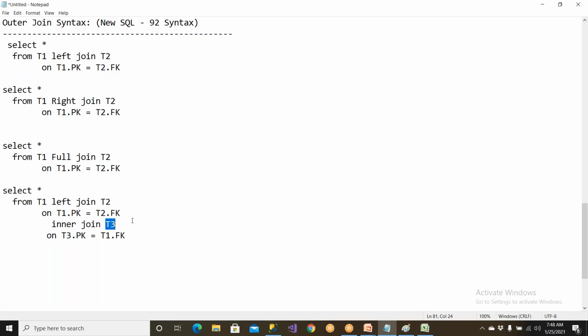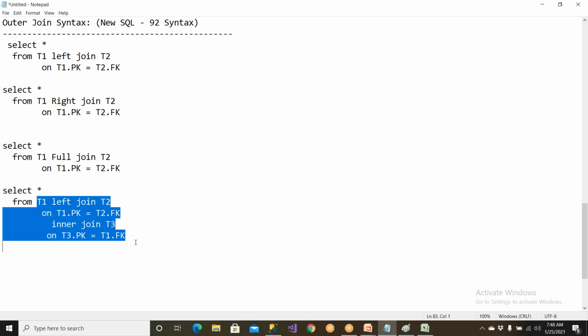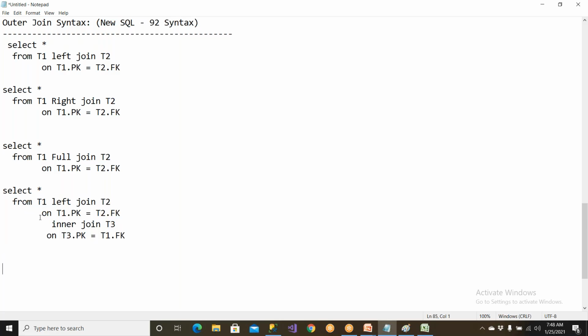So you can have left join, right join, full join, inner join, up to 255 joinings can be done. We have joined only three tables: table number one, two, and three. You should be able to join 255 tables. This number may also change as of now. This is the limitation.